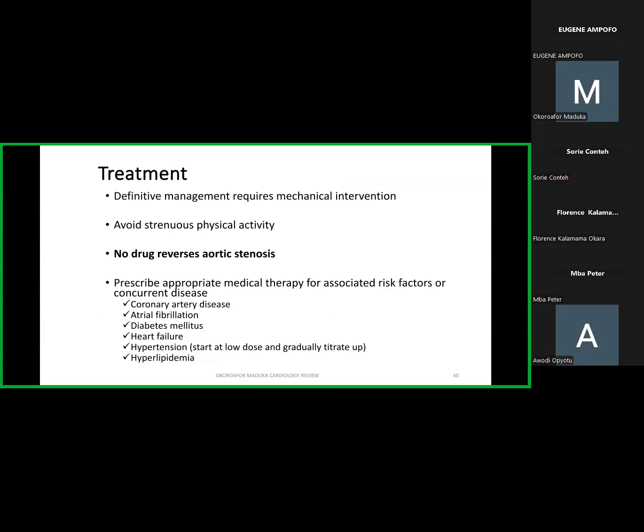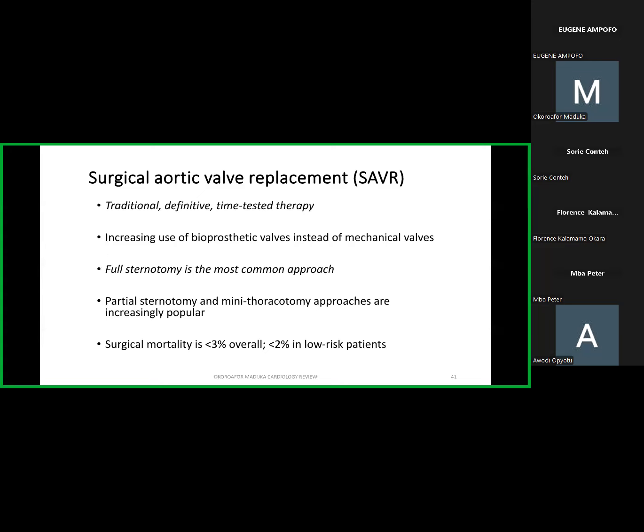No drug reverses aortic stenosis, like you all know. So we prescribe appropriate medical therapy for associated risk factors in these patients, which could range from diabetes mellitus to atrial fibrillation. Then the surgical aortic valve replacement is the traditional, definitive, and time-tested therapy.